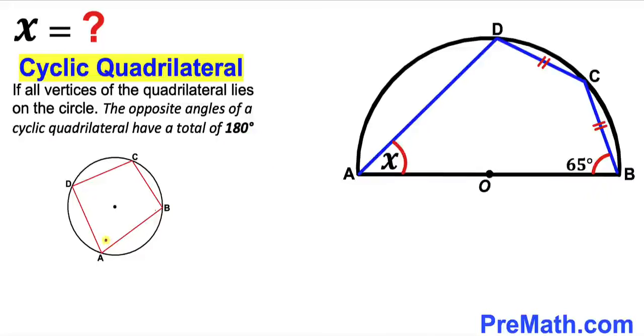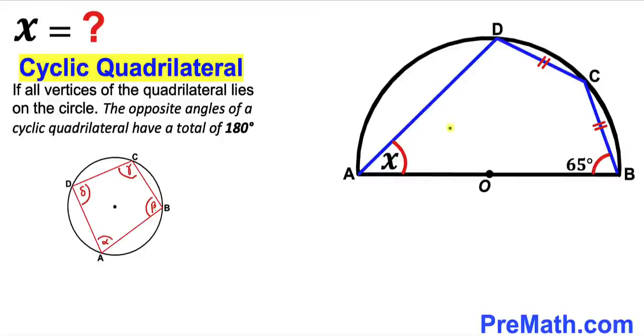If I label this angle as alpha, this angle as beta, this angle as gamma, and this angle as delta, then the sum of these two opposite angles, alpha plus gamma, must be equal to 180 degrees. And likewise, the sum of these two opposite angles, beta plus delta, must be equal to 180 degrees as well.